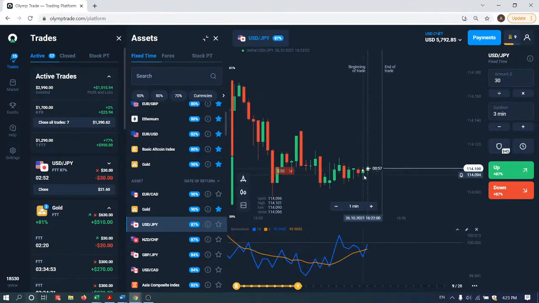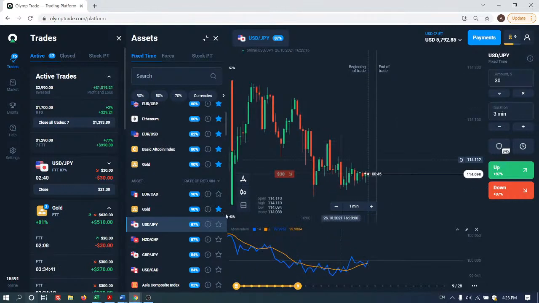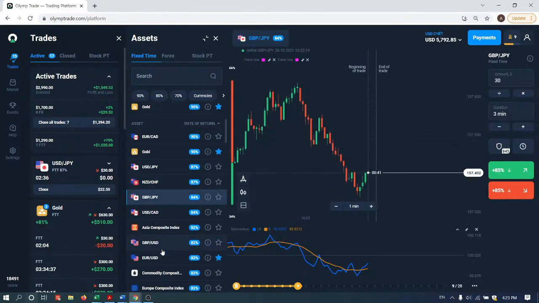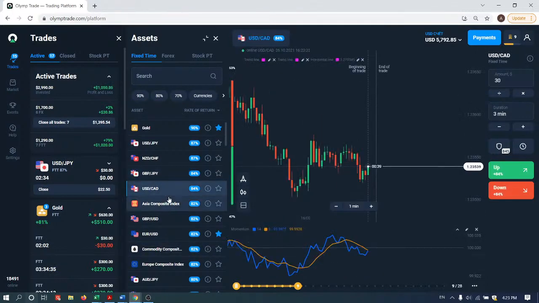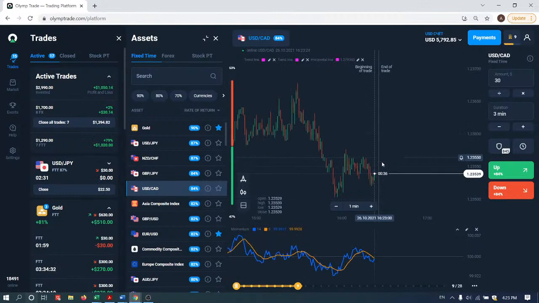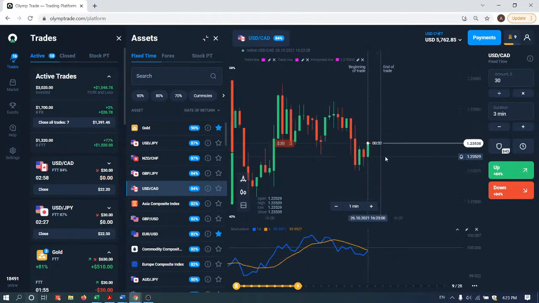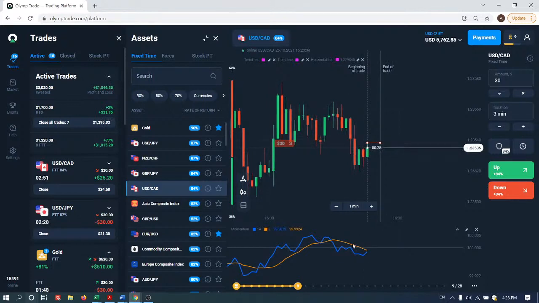Now the trade is on the USD JPY chart, in the downwards direction because the blue line just crossed the orange line. And USD CAD, yeah, trade downwards because the orange line just crossed the 100 line from top to bottom, on the previous candlestick.